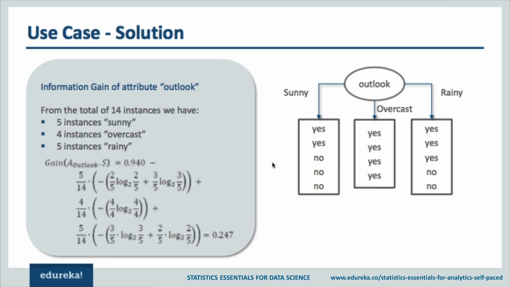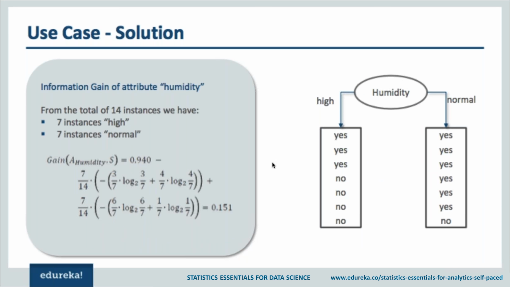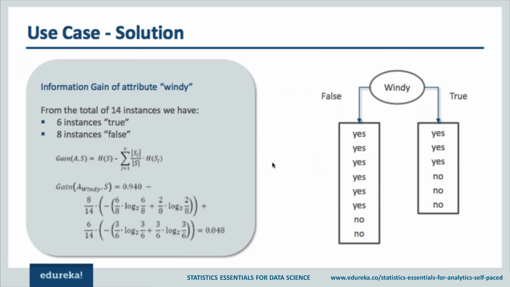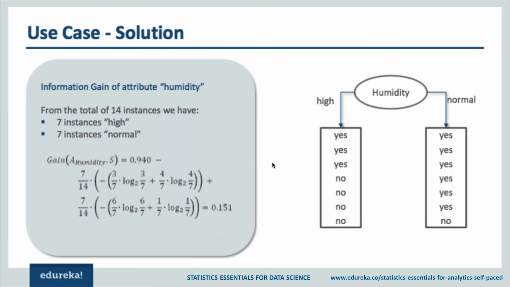So you want more information gain. You go to another combination, and here you will see 0.94 minus some other value that we have taken for outlook, right? And you will see the information gain that we're getting is 0.24, which is bigger compared to 0.048. That means if we consider outlook as a parameter, we're getting better information gain compared to the windy one.